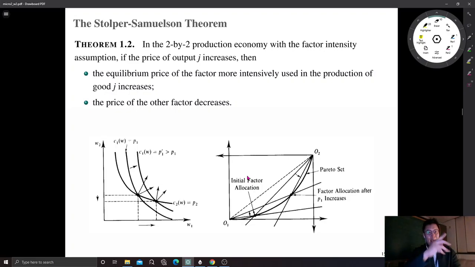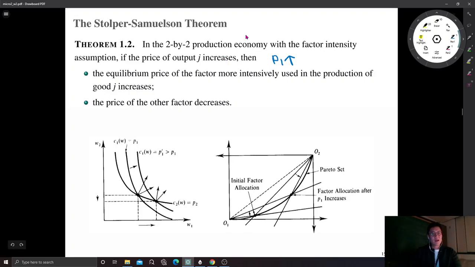The theorem states that in the 2x2 production economy with the factor intensity assumption, so we maintain the factor intensity assumption, we may assume firm 1 is relatively more intensive in factor 1 than firm 2. Imagine that the price of output J increases. Suppose P sub 1, the price of good 1, increases. How does it affect input prices?